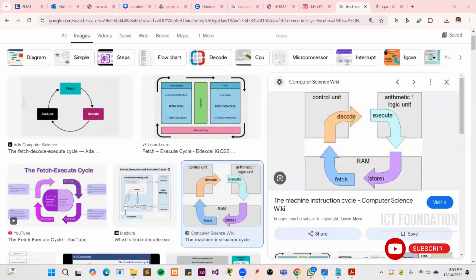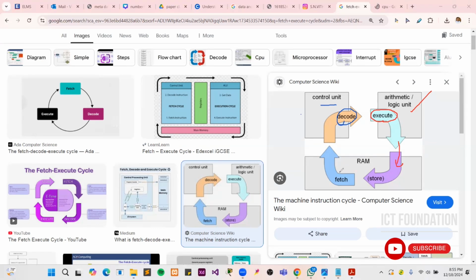Decode is considered under the control unit. Then the arithmetic and logical unit is responsible for executing the instructions. Then within the RAM, we have the storing methodology. The executed instruction will be stored in the RAM. RAM means main memory or the primary memory.